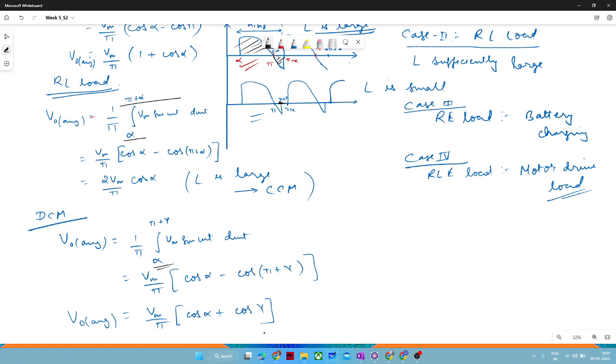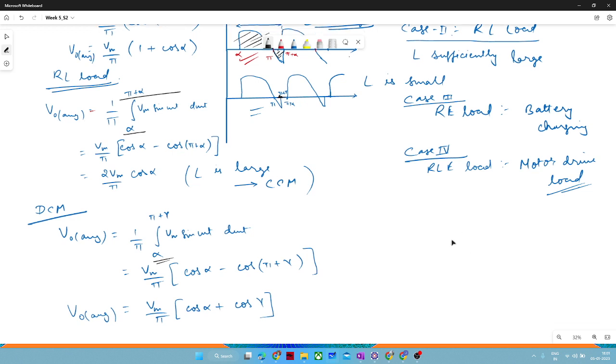Otherwise, you need to remember, so it's better that you plot the waveform. It will just take you 5 to 10 seconds, and based on that, you just integrate. It will take another 20 to 30 seconds. So hopefully, within 1 minute, you will be able to solve this kind of problems.